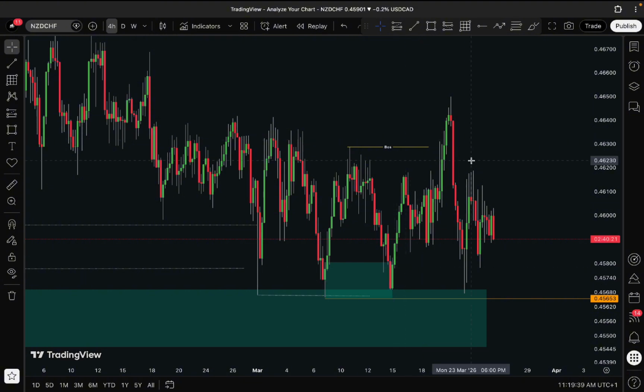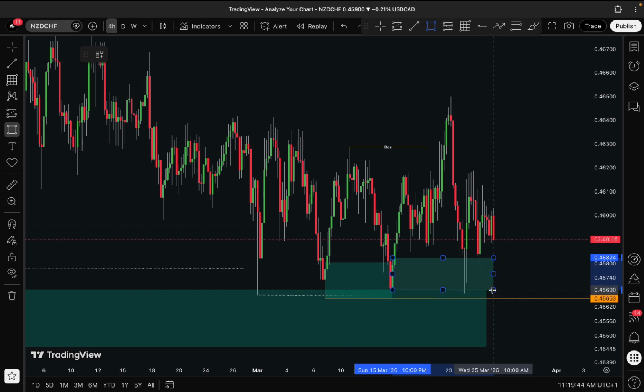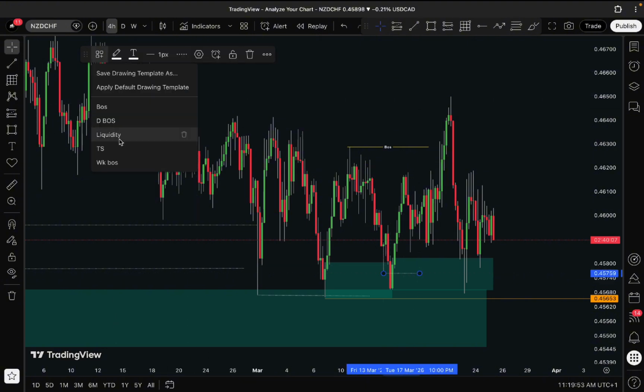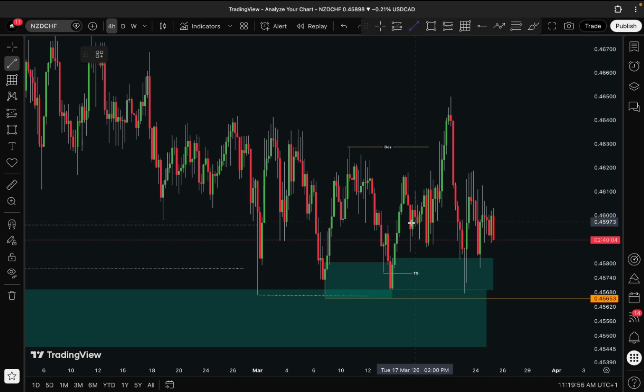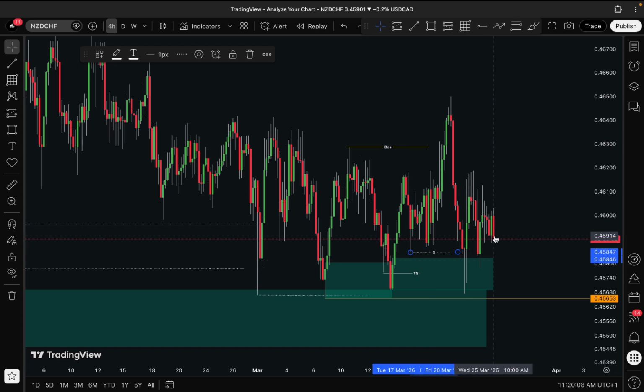As soon as I saw this, I had enough confidence to go for longs around here because we had a sweep, we had an inducement liquidity, and I entered this setup initially for a 1 to 2 risk to reward.